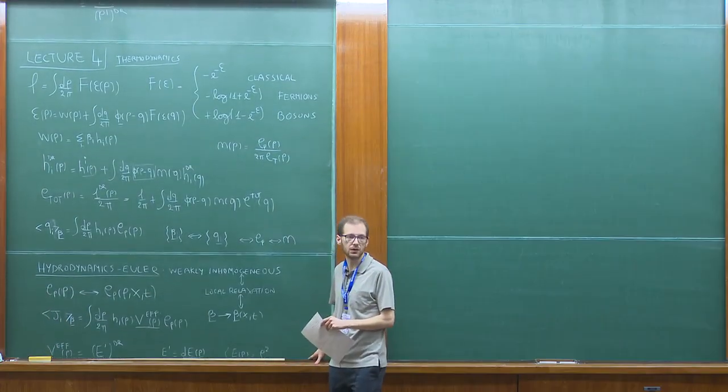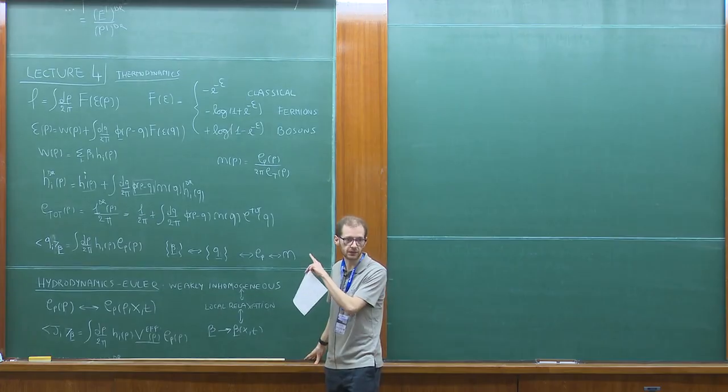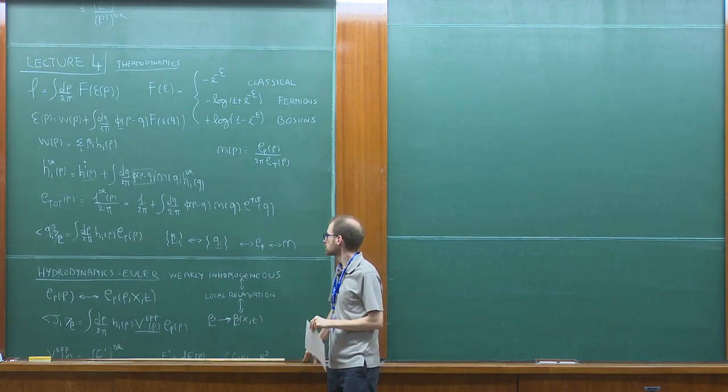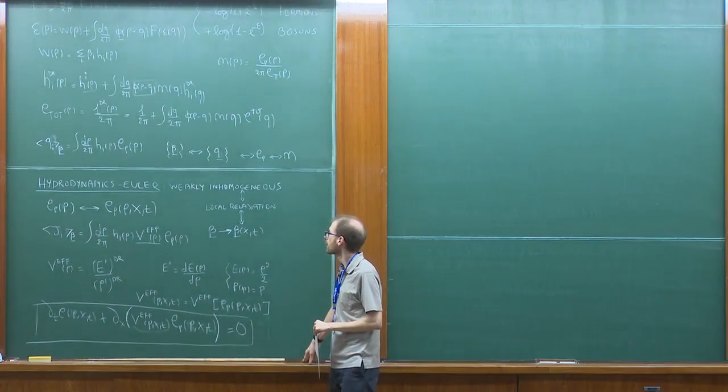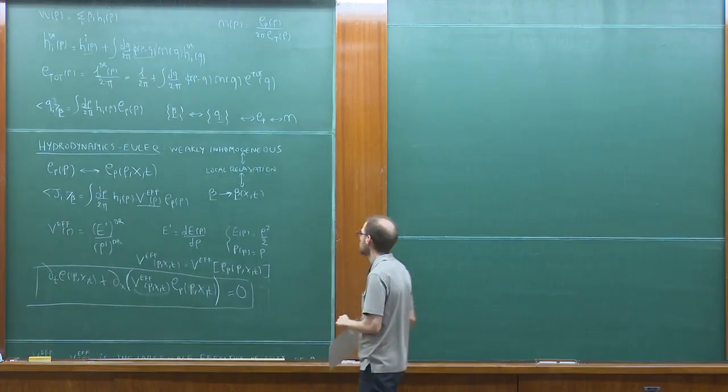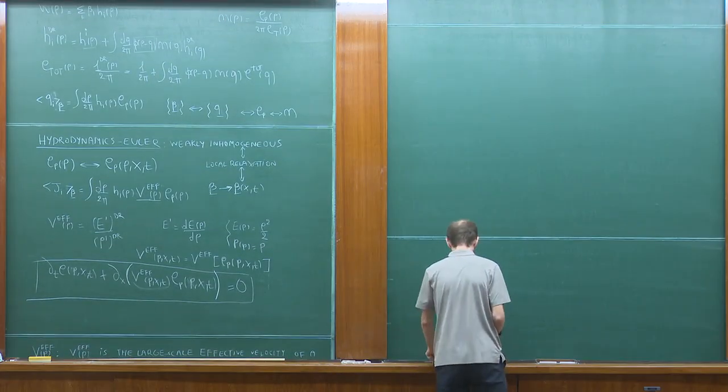Have you copied all? Sorry, maybe I was hiding it, but have you copied all the equation? Yes, I assume yes. I just wanted this because here we have the equation. Okay, so now we want to make a first application.